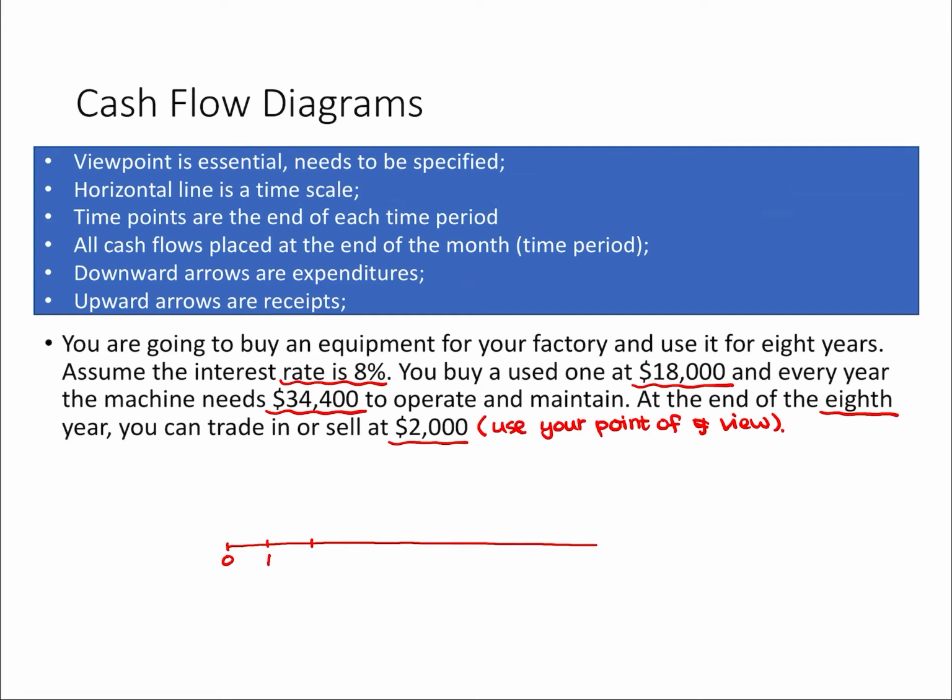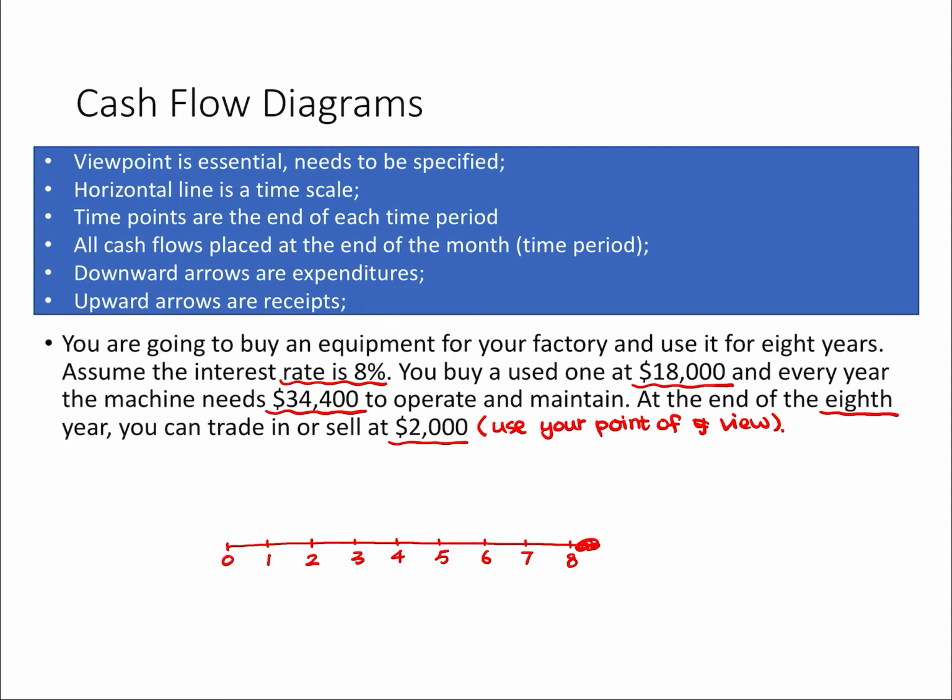So it's going to be first the end of the first year, the end of the second year, the end of the third year, the end of the fourth year, the end of the fifth year, the end of the sixth year, the end of the seventh year, and the end of the 8th year. Let's get rid of this extra length.